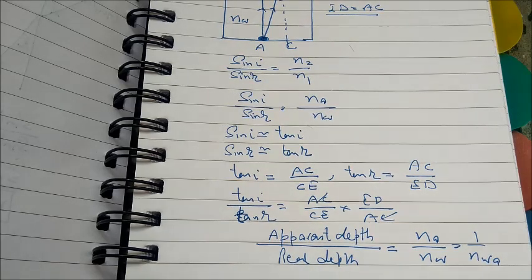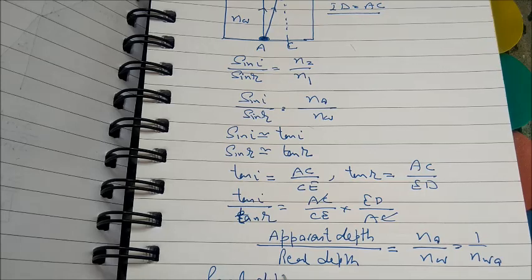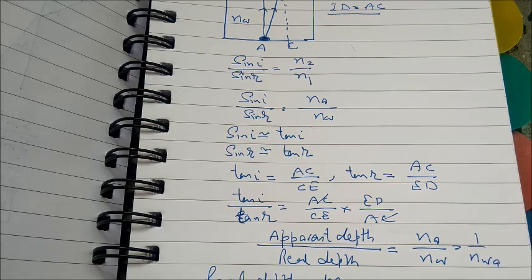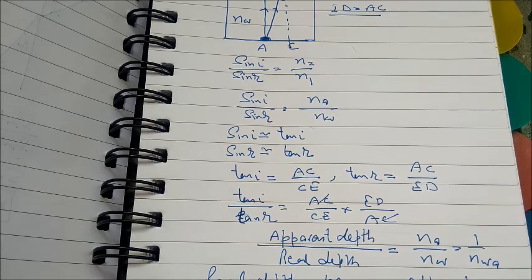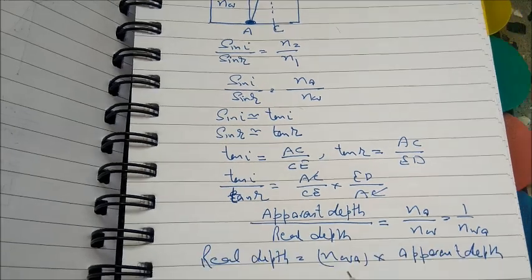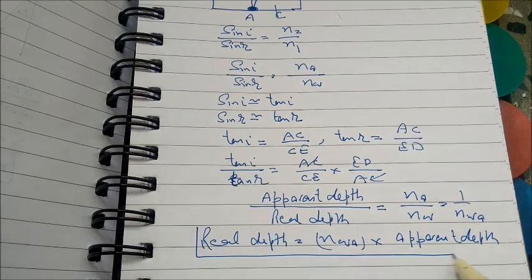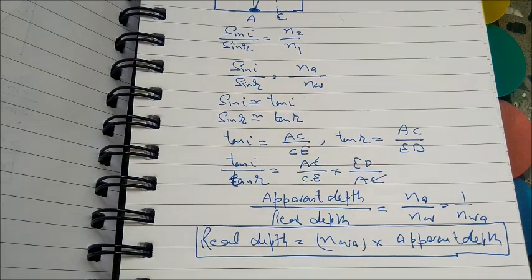So we got an expression that real depth is refractive index of water into the apparent depth. This is more than 1. So real depth is more than the apparent depth. This is the mathematical expression.